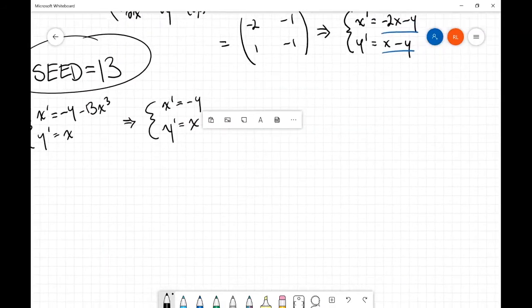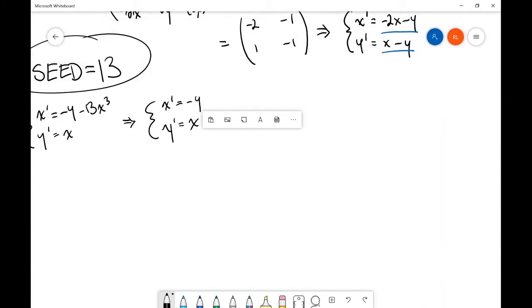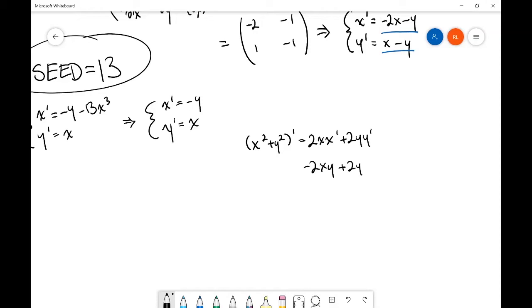This is our system, and we have that the derivative of x squared plus y squared is 2x x prime plus 2y y prime. So we show that the expression E is 0. Well, we just substitute in x prime and y prime. We know that x prime is equal to negative y, so negative 2xy. And we know that y prime is equal to x, so plus 2yx. And this does indeed equal 0.